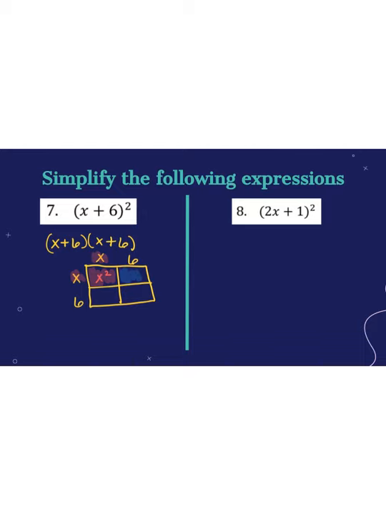Move on to this one. I have 6 times x. It's going to give me a 6x. And I have x, oops. Guys, I just keep doing that. I move into this one. I have x times 6, which gives me a 6x.